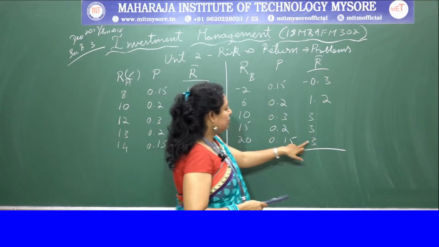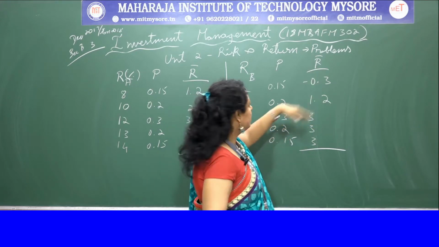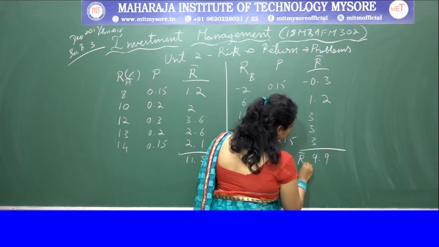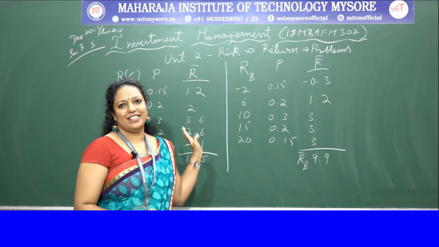Okay, so what you need to do? 3, 6, 9, 10.2, 10.2 minus 0.3, you get 9.9. This is R bar B. Okay, this is the answer.